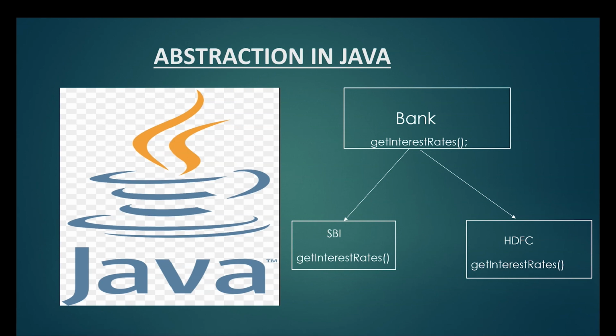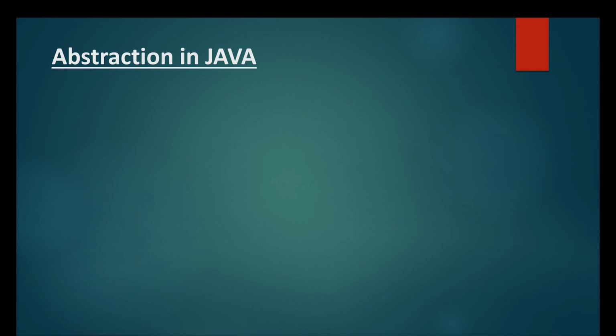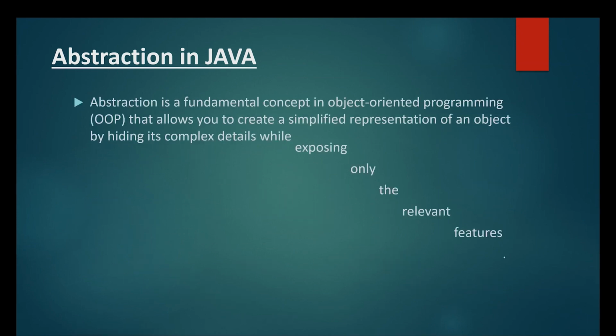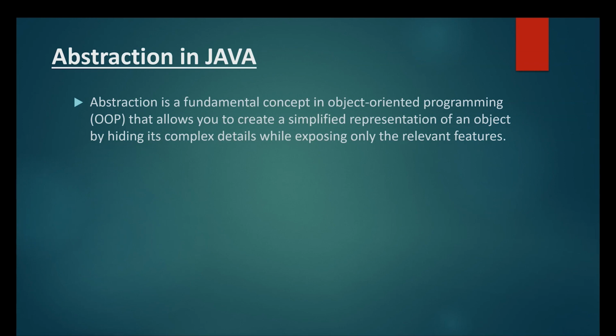Now, let's jump to some theoretical part of the abstraction that we have in Java. So, what is abstraction in Java? The very first point I already told you, it is a fundamental concept in object-oriented programming that allows you to create a simplified representation of an object by hiding its complex details while exposing only the relevant features.